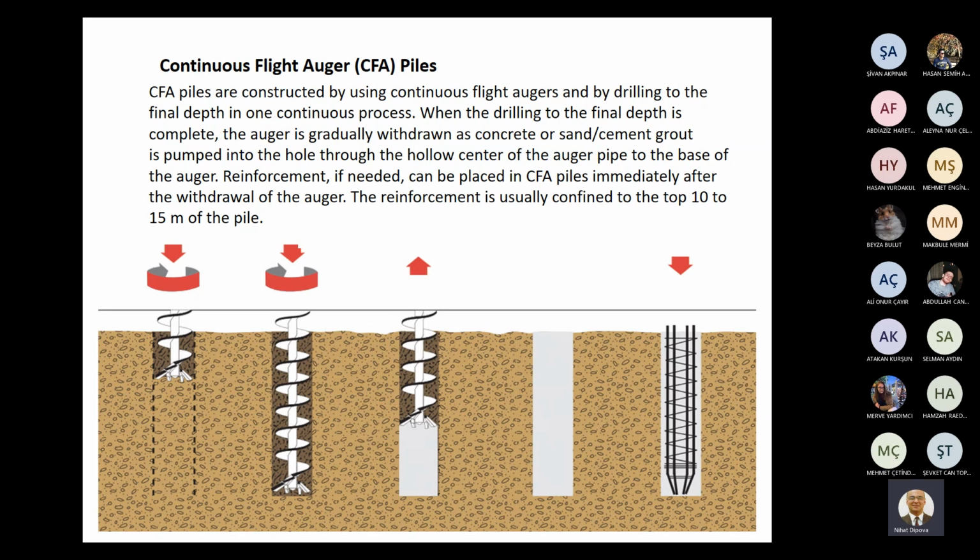Generally, it can be placed in CFA piles immediately after the withdrawal of the auger, or immediately after the filling of concrete. We are pushing the reinforcement inside the fresh concrete.